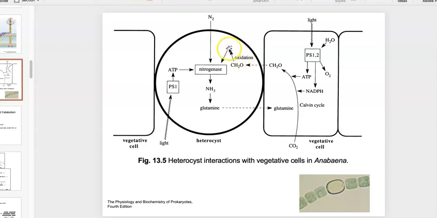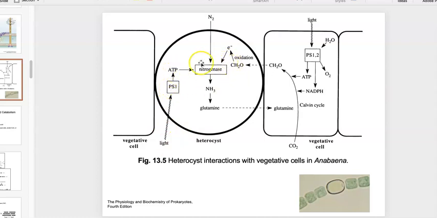And that creates electron transport. And those electrons, that reducing power that's generated, can be used to fire up this enzyme, nitrogenase. Not only does it need reducing power, but it also needs energy. And so I should point out that the heterocysts only have PS1, photosystem 1, which is not oxygen generating. And as a result, you can generate ATP without oxygen.